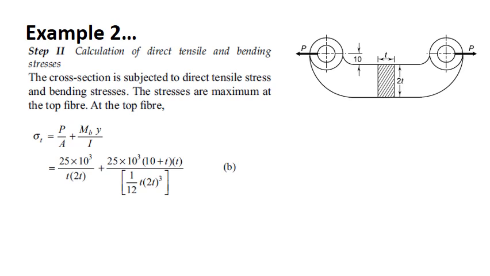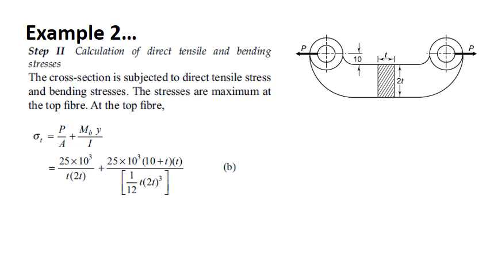10 plus T, central axis of the link. So 2T by 2 is T, so 10 plus T. Moment arm. Y is actually the distance of the outermost fiber from the neutral axis. That is simply T, okay, because that is where we will get maximum stress, divided by I. Since it is a rectangular cross section, the moment of inertia formula is b d cubed by 12.